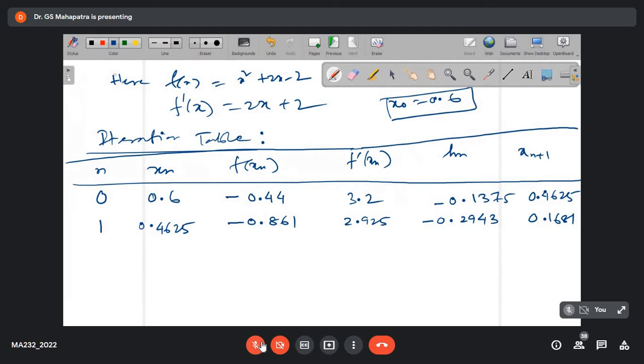Next, n equals 2. What is the answer? xn is 0.1681. f of xn, minus 1.6355.